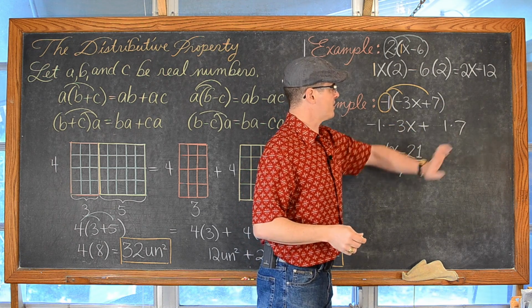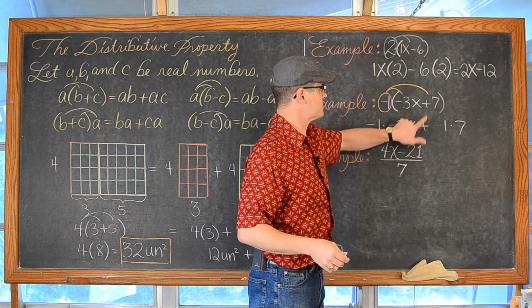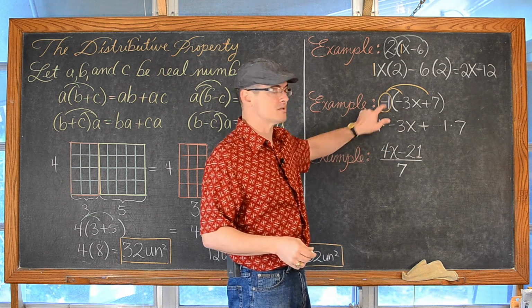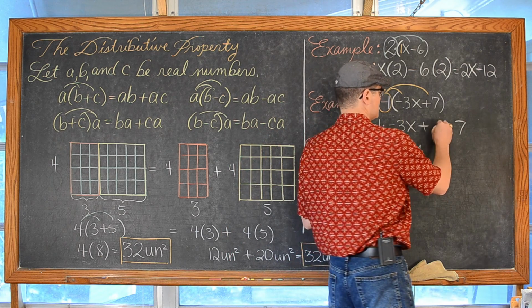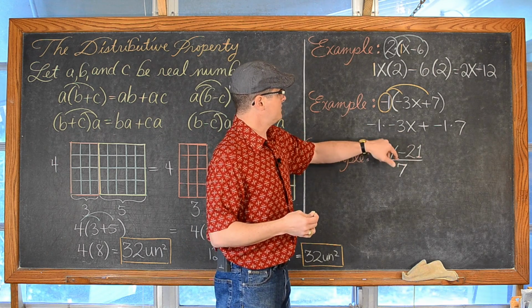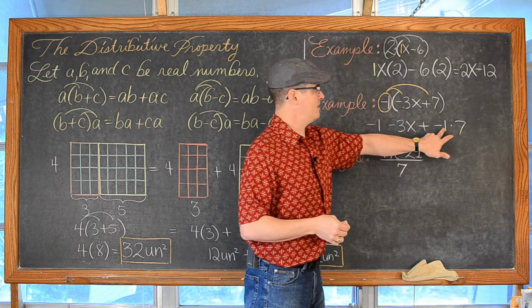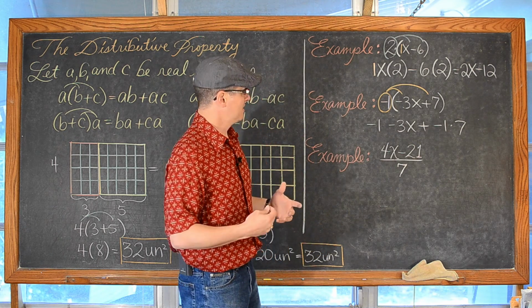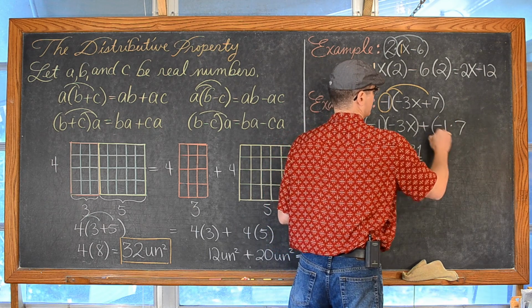Sometimes students, though, will forget to write the negative sign there, because they see the plus, so they'll just write plus and then the 1. They'll forget the negative is there. Or they'll do some kind of other weird, strange combination of signs and get a wrong answer there. Or they'll write this out, and then as they're doing their work, they'll forget there's a negative sign there, and they'll see negative 1 and maybe a negative 7 and write negative 8. Yeah, that's why I don't like putting the negative 1 in the front.